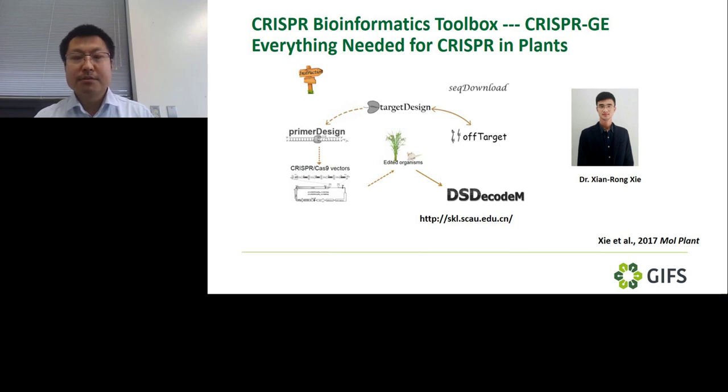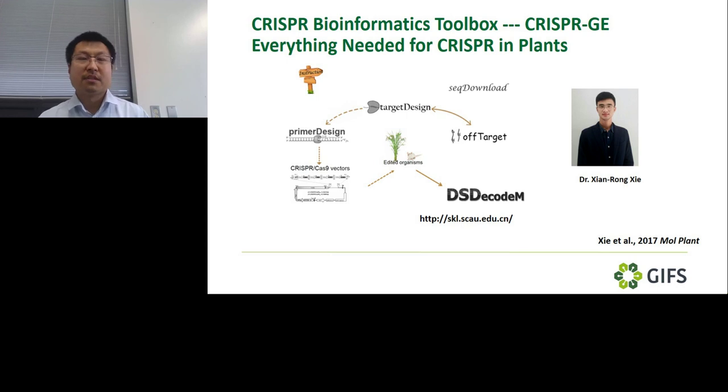In addition to this tool, Dr. Xie also integrated other bioinformatics tools that will be used when you are applying the CRISPR system in plants. For example, if you want to find which part you can use for designing CRISPR targets, you can use the target design tool.